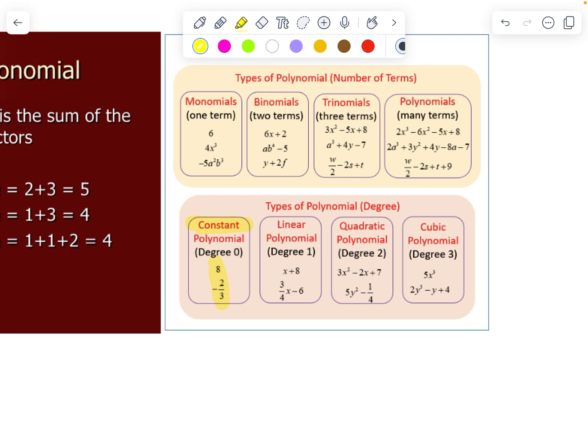Linear means to the first power, like mx plus b, like x plus 8 or 3/4 x minus 6. Quadratic is to the second power. Cubic is to the third power. We have quartic, which is to the fourth power.